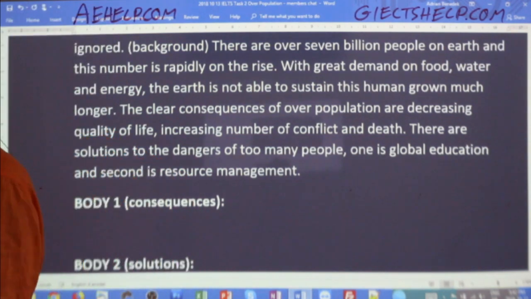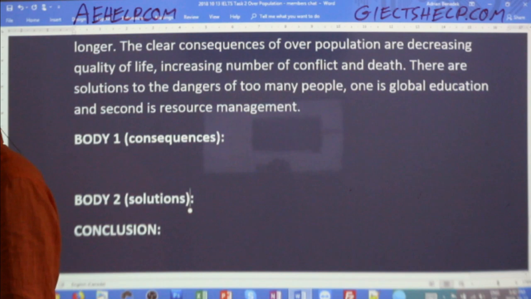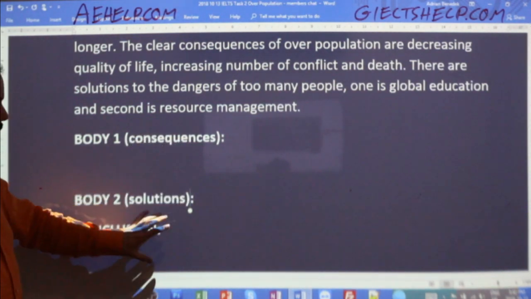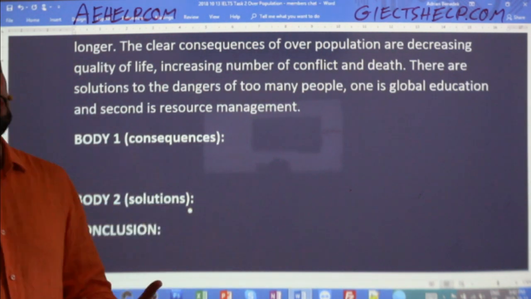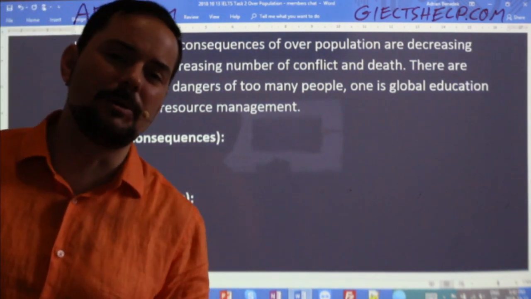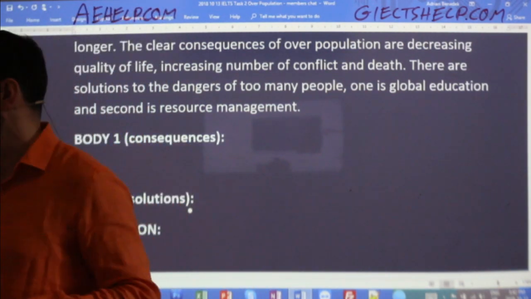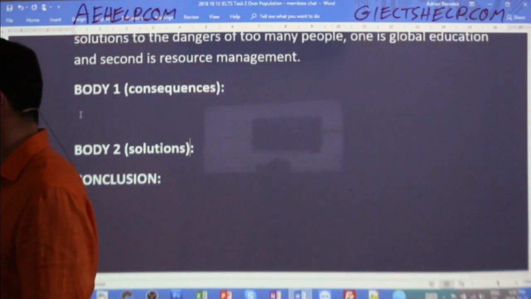Or increasing population leads to a lot of death, so we need to manage our resources better for body paragraph 2. Again, you could, but it's a little bit more awkward that way, okay, because it's hard to make the connection. So here, for coherence sake, we want to start with consequences in body 1.